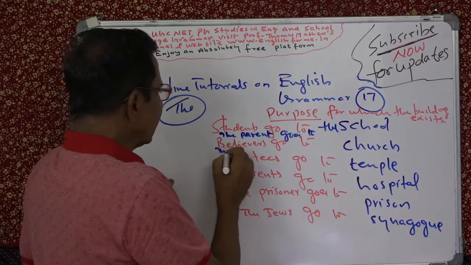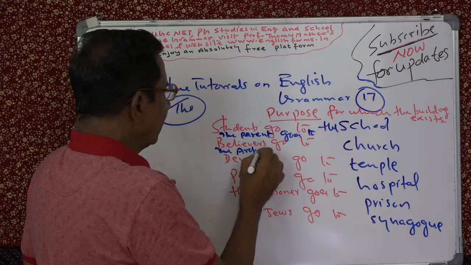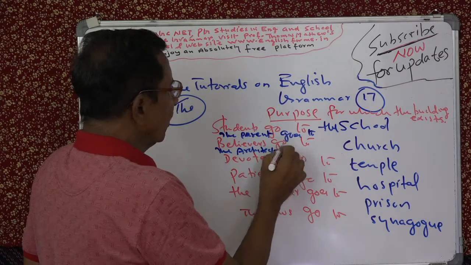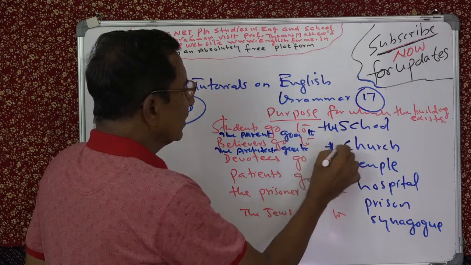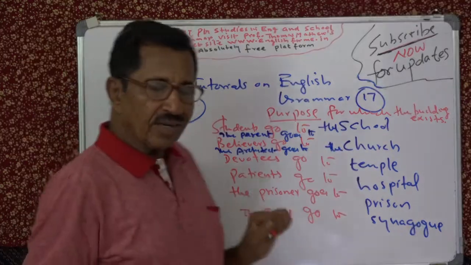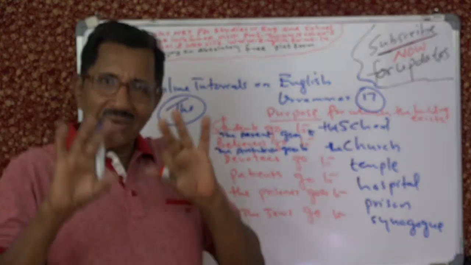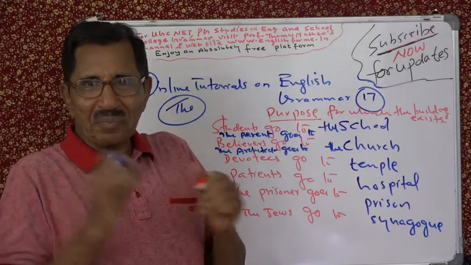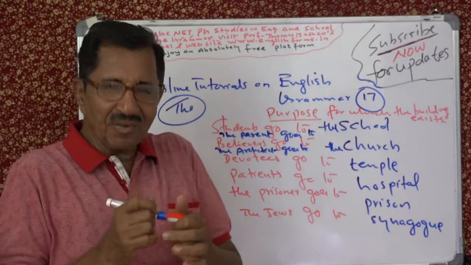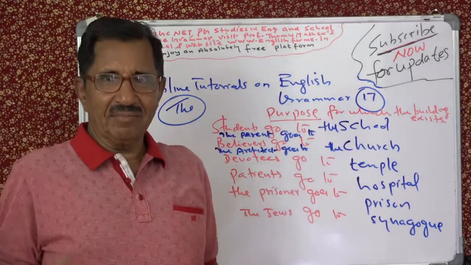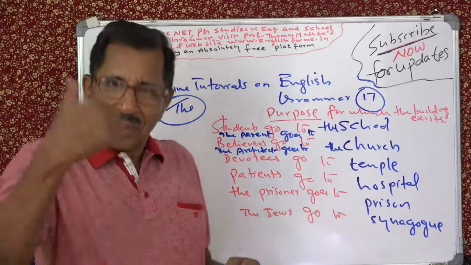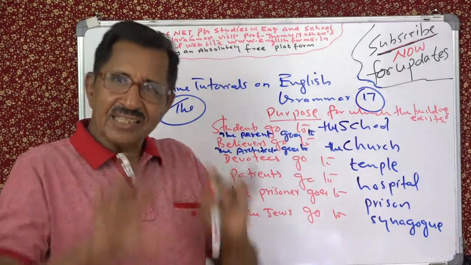The architect goes to the church. He wanted to see the building, not the purpose. Architect did not go there for praying, but for the building, merely the building. One is the purpose of the building, the other is just the building.